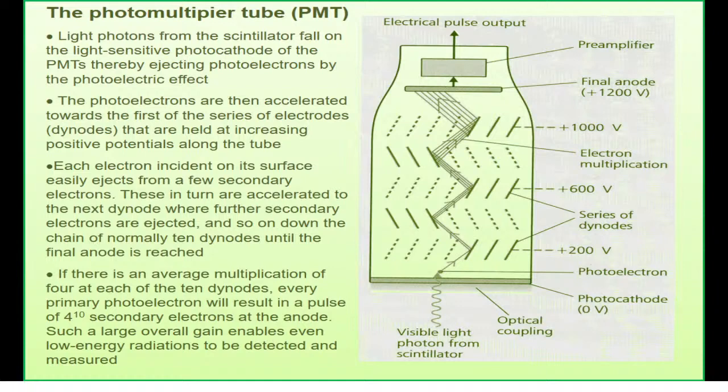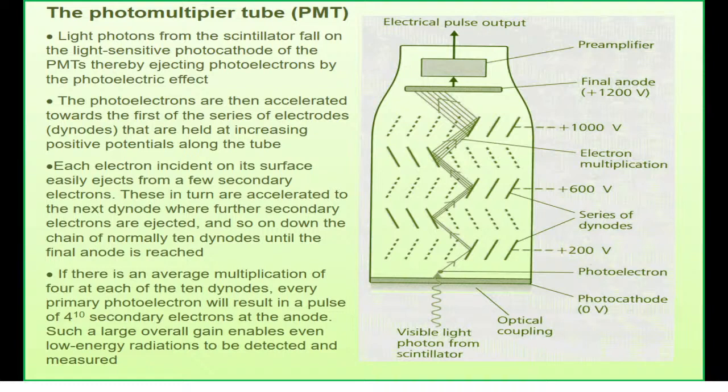These are diodes that are held at increasing positive potentials along the tube. Each electron incident on its surface ejects a few secondary electrons. These in turn are accelerated to the next diode, where further secondary electrons are ejected, and so on down the chain of normally 10 diodes until the final anode is reached.